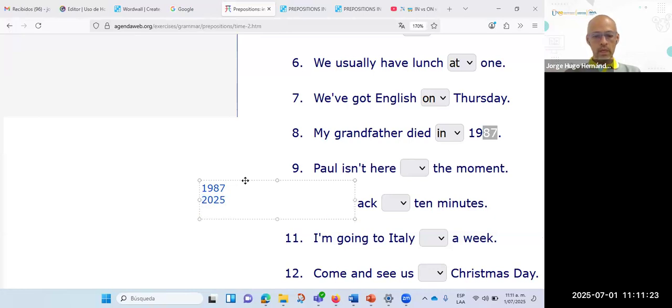But years like this one, you usually say 2005, no? 2005. But the usual way to say the years is by pairs, no? 1987, 2025. Okay. Let's continue.